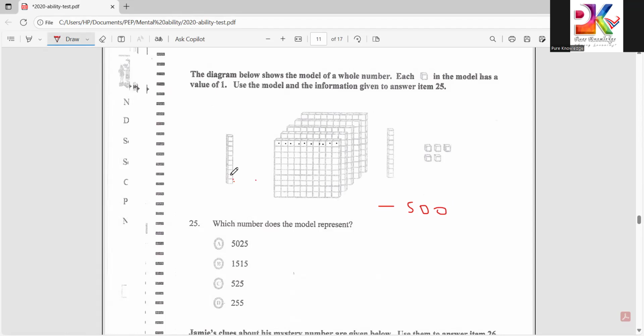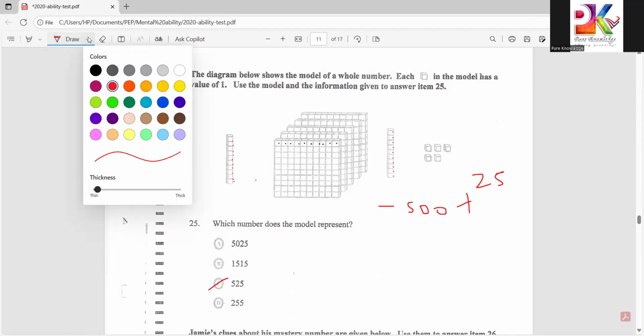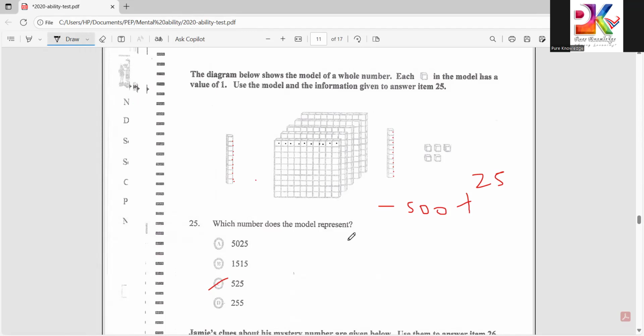So this is 1, 2, 3, 4, 5, 6, 7, 8, 9, 10. 1, 2, 3, 4, 5, 6, 7, 8, 9, 10. And then we have 1, 2, 3, 4, 5. So we have 25 here. So 500 plus 25 would give you 525. So you see, guys, look how it looks difficult and it's so easy.